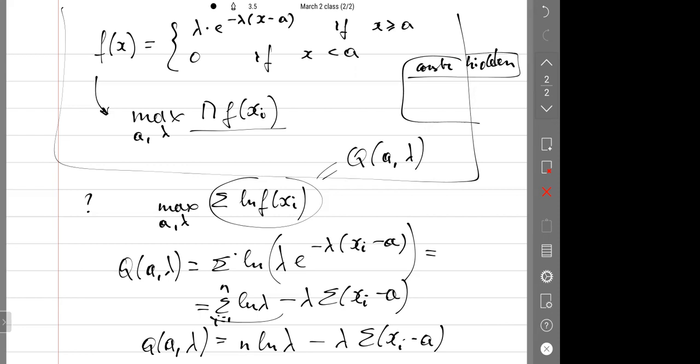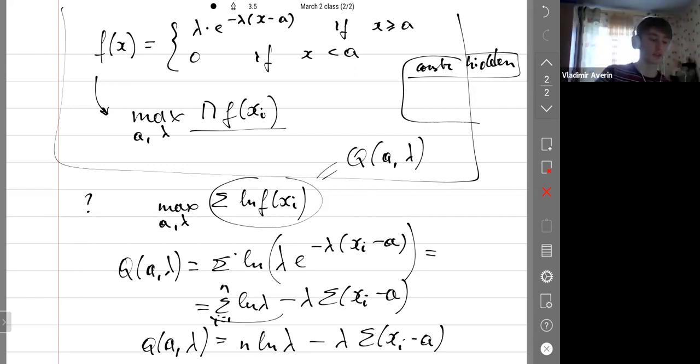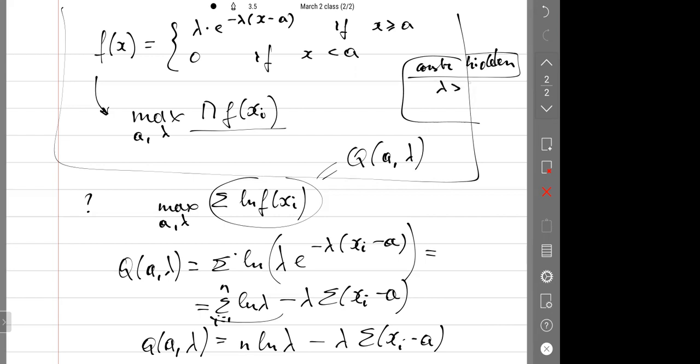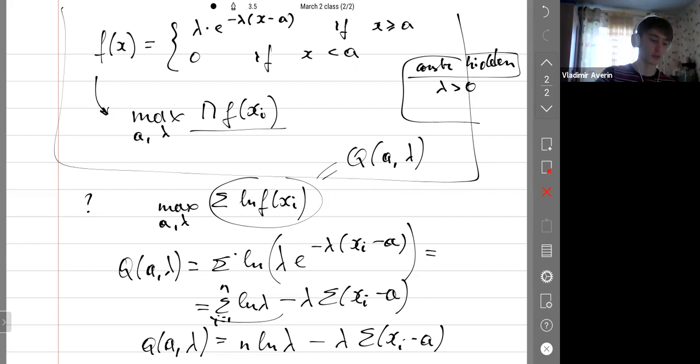What is a constraint on lambda and what is a constraint on A? Well, lambda is strictly positive. Okay. A should be less or equal than the minimum value.